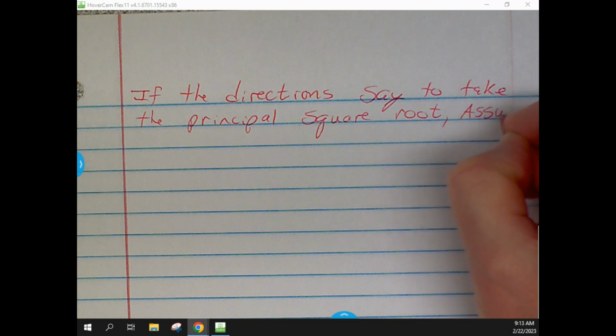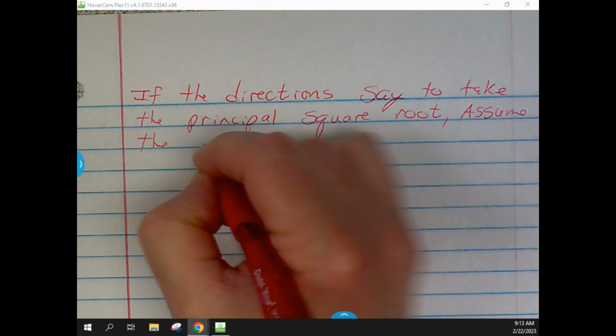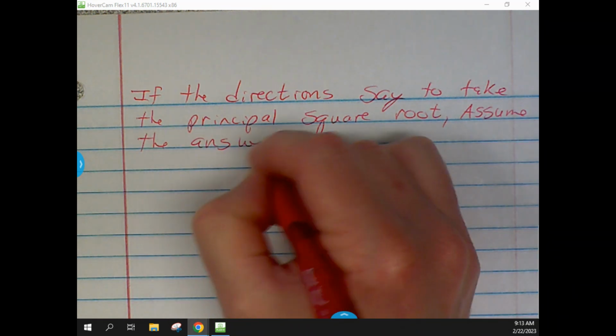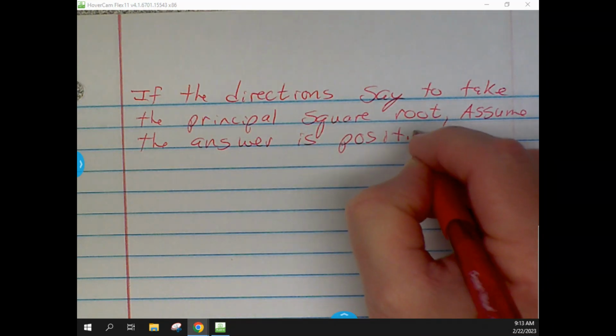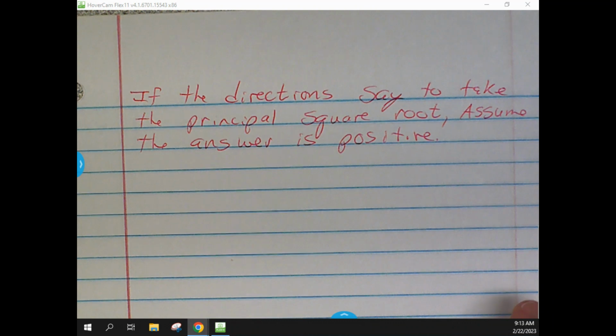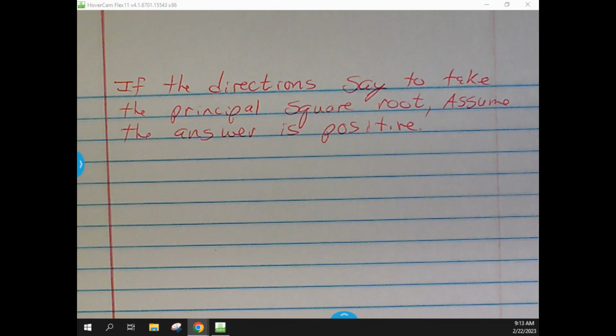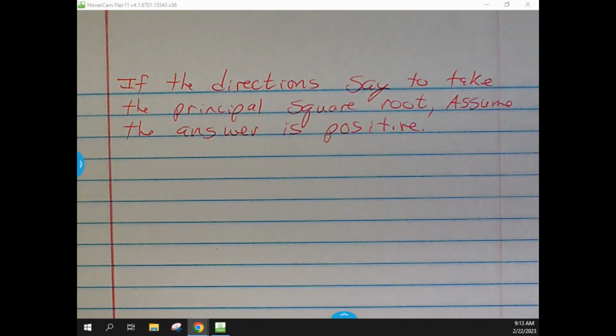Then just assume the answer is positive. Sometimes when they're working through these, they want you to work through the process enough, and they'll say, okay, don't worry about the plus or minus in that case.